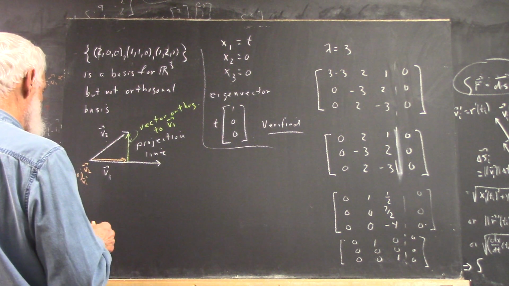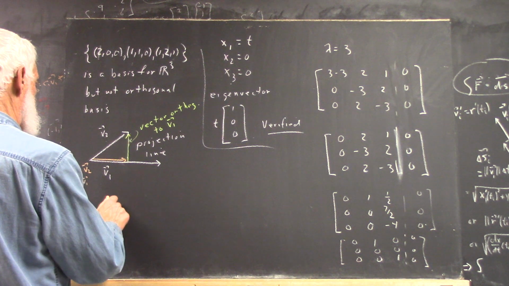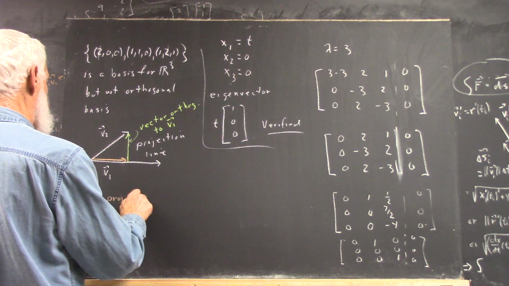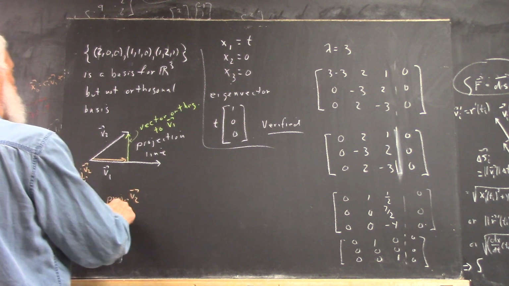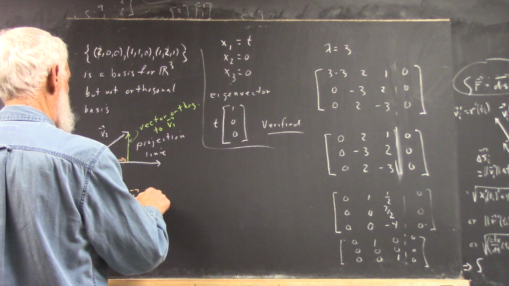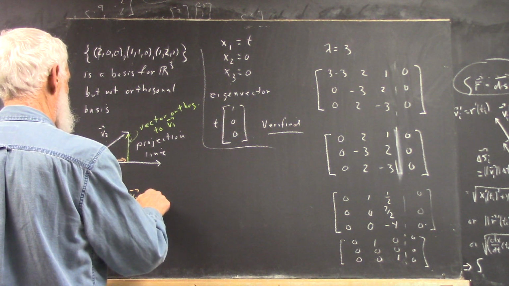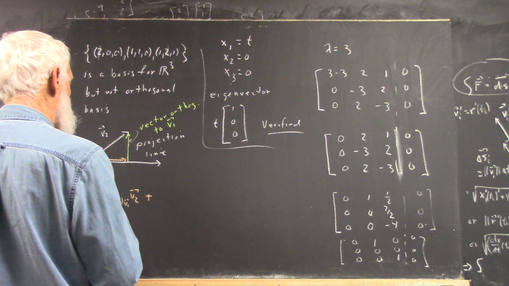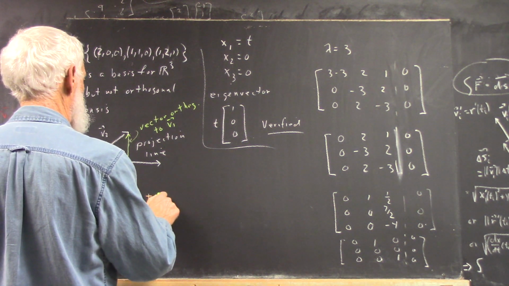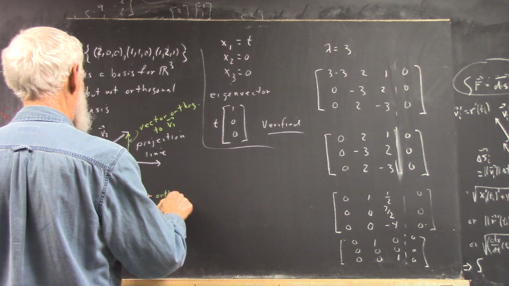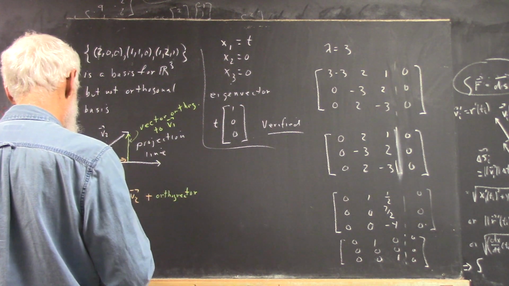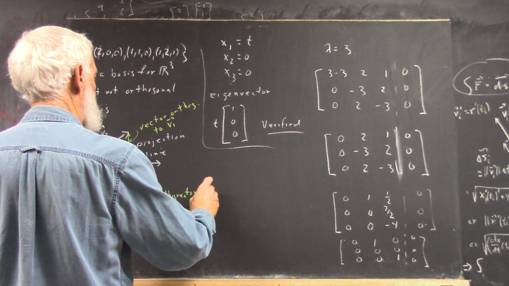So what is this vector? Well, the projection of V2 onto V1 plus the orthogonal vector equals what?